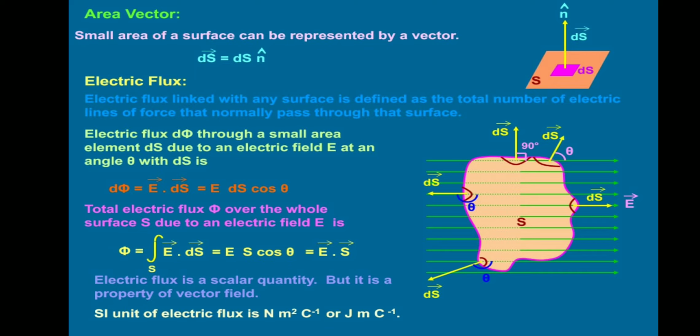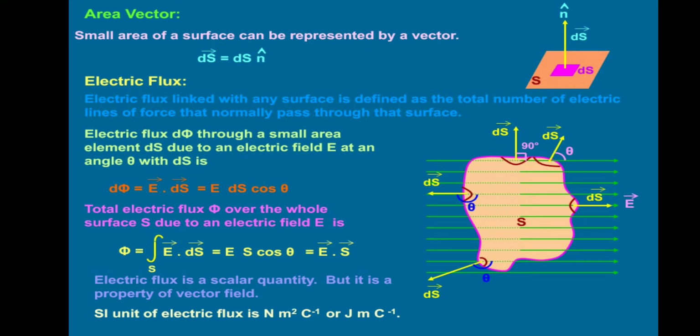Now, the small electric flux d phi through a small area ds will be given as d phi is equal to E vector dot ds vector. Since electric field is a vector quantity, here we are considering ds as a vector quantity. So the formula becomes E ds cos theta.